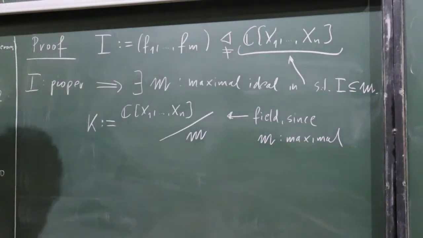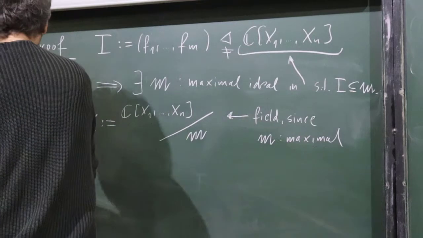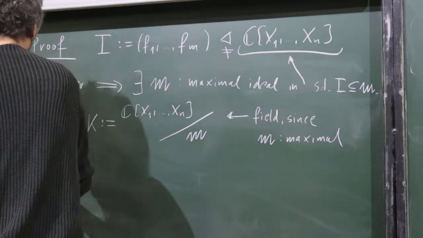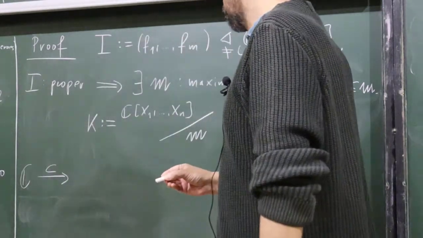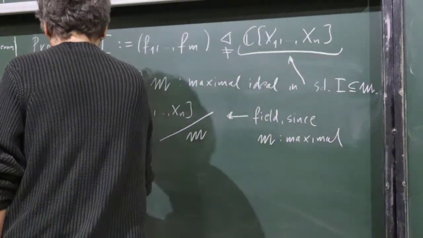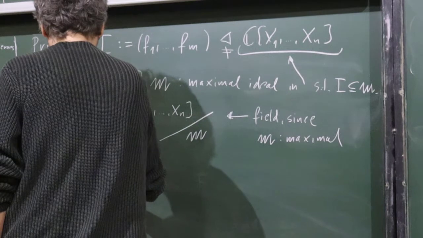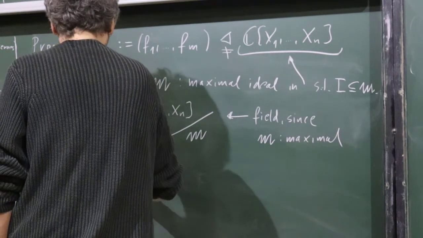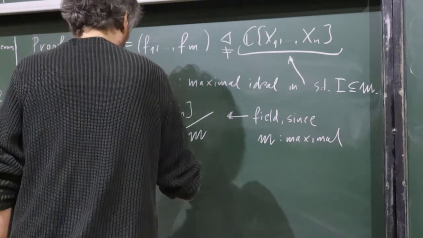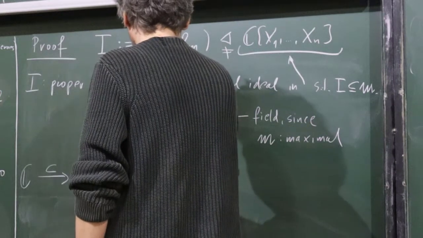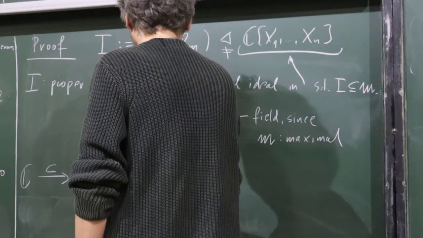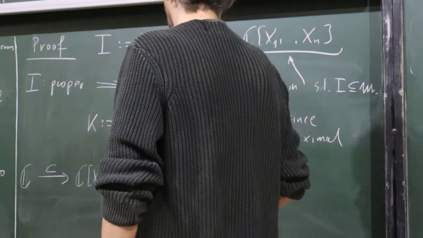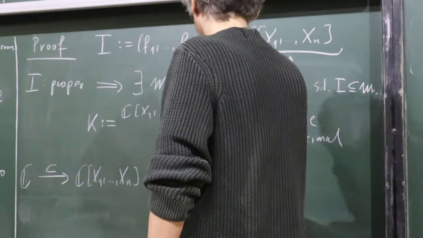And now we have this obvious map, so we start from C. First we have inclusion to the ring of polynomials, and then the quotient map to this K, which is the quotient of this by this.